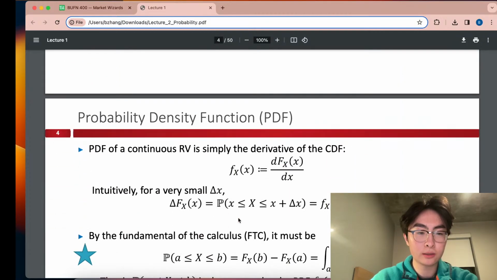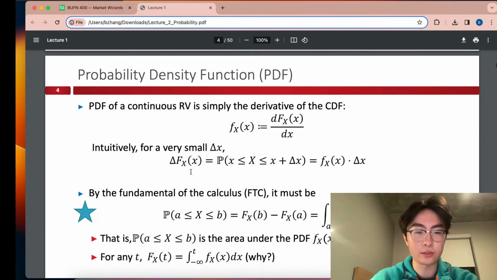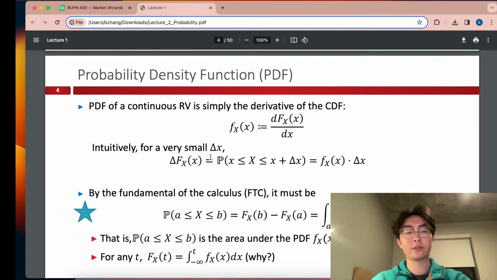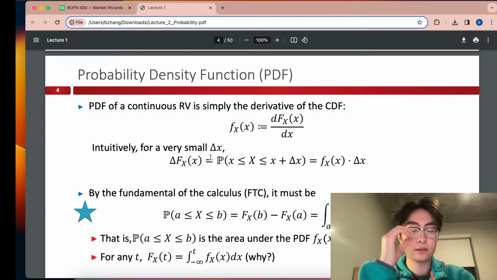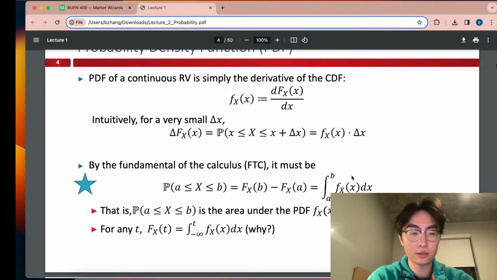So the PDF of a continuous random variable is simply the derivative of the cumulative distribution function. Intuitively, for a very small change in x, delta x, the probability that x is less than or equal to X, less than or equal to x plus delta x, is equal to f of x.